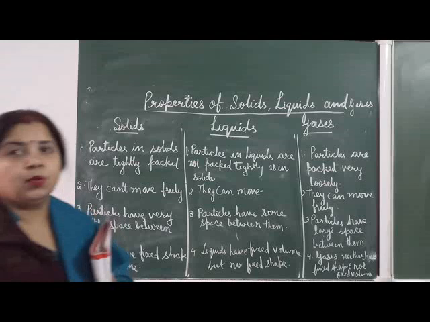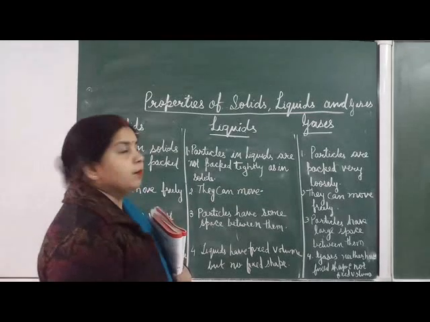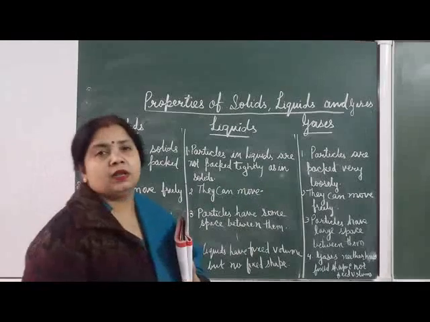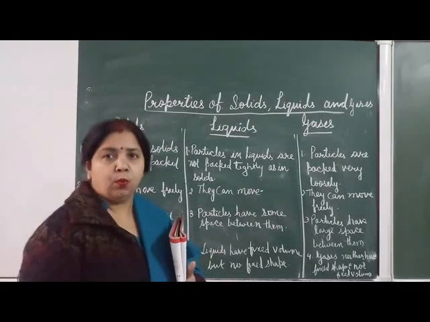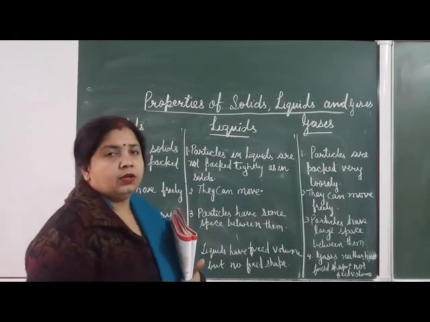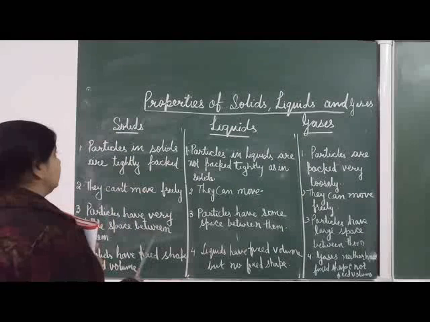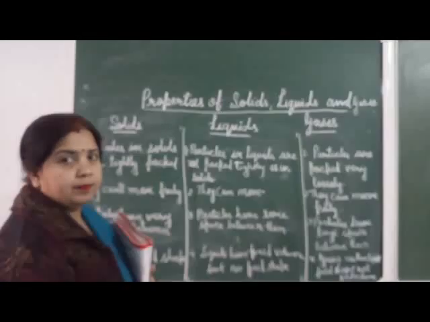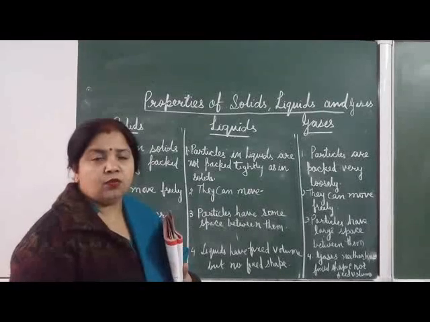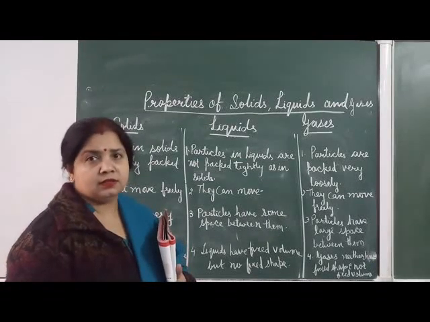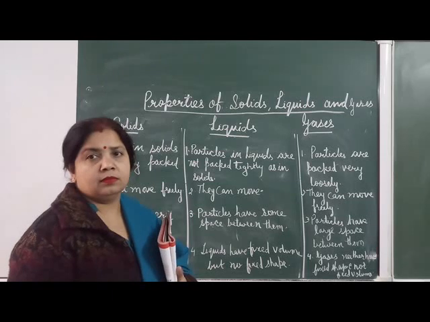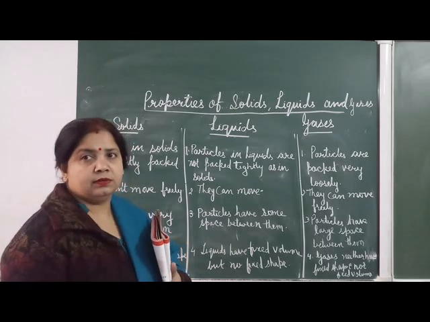Now students, I am going to discuss properties of solid, liquid and gas in points. You can see on the board clearly and you can answer when the difference between them is asked.